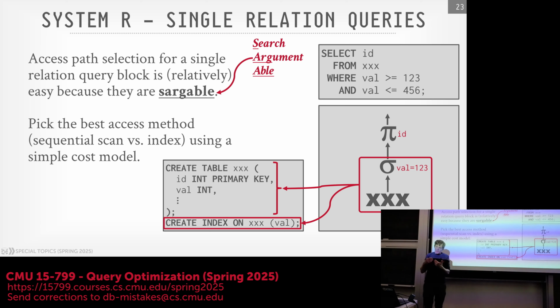And at this stage, you're just trying to determine, should I do a lookup on the index or should I do a sequential scan? And they're going to rely on this internal cost model to determine, for all my possible indexes, are any of them actually going to be better for me than doing the sequential scan?